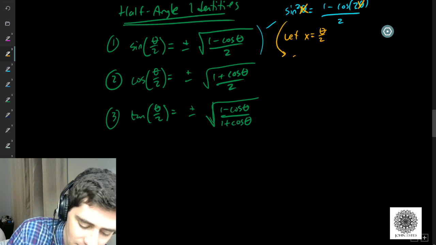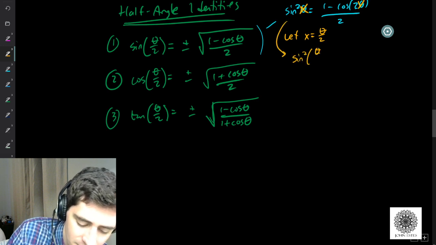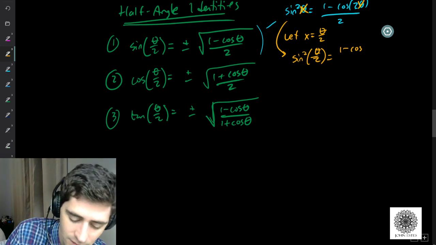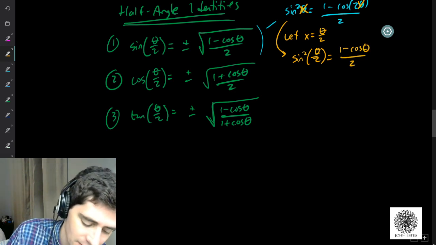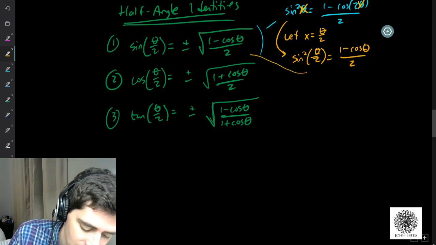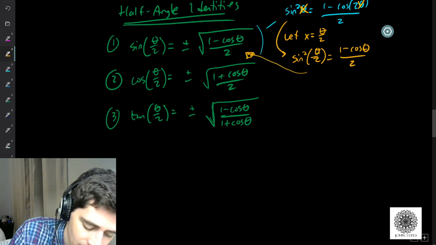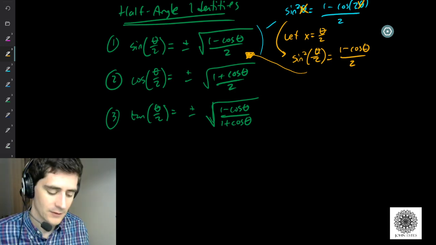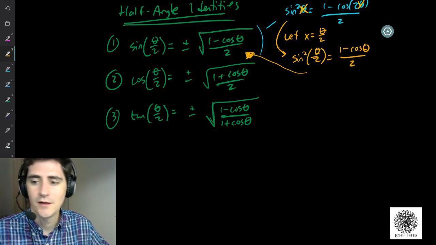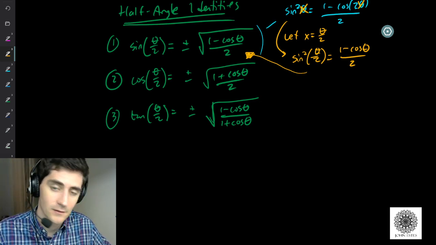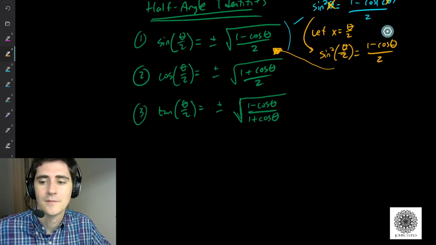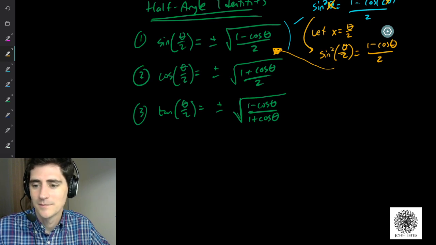If that's the case, then I get sine squared of theta over 2 equals 1 minus cosine of 2 times theta over 2, which is theta, all over 2, like that. And then I take the square root of both sides, and I get the half angle identity that we were given. Okay, we can do the same thing for cosine, and for tangent, we can get around it a little bit by simply applying the quotient identities. Okay, I hope this makes sense.